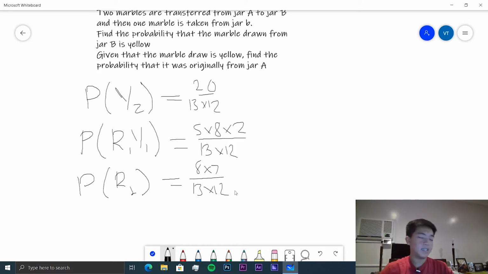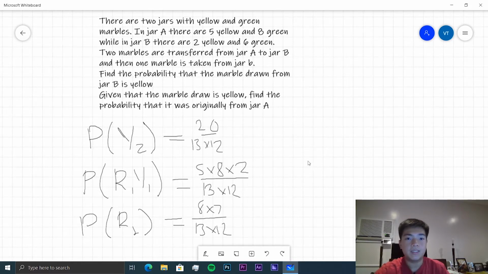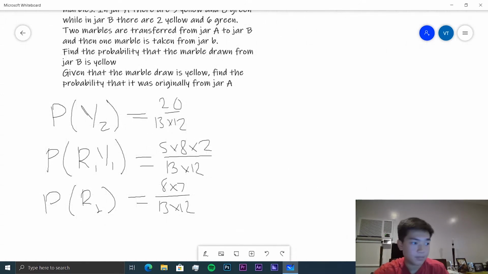Now I'm just going to check that those probabilities add up. So we have 20 plus 5 times 8 times 2 plus 8 times 7, 156, 13 times 12, 156, right. So these are the correct probabilities. And so now we can use Bayes' theorem.